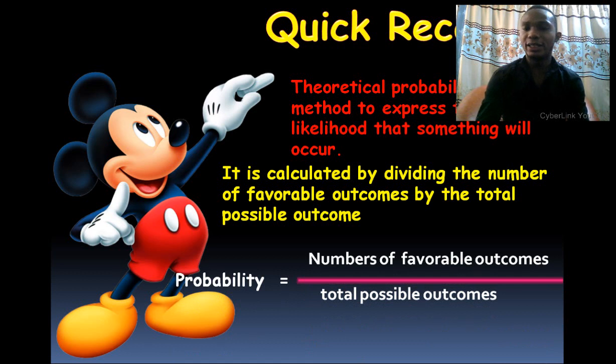Last week we learned that the formula for theoretical probability is the number of favorable outcomes divided by the total possible outcome. We will be making use of this formula in our next work.